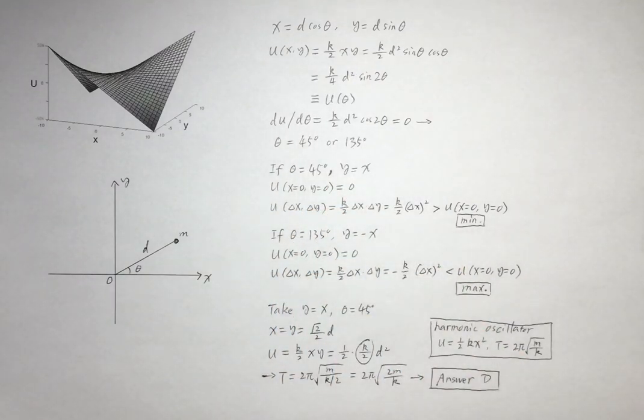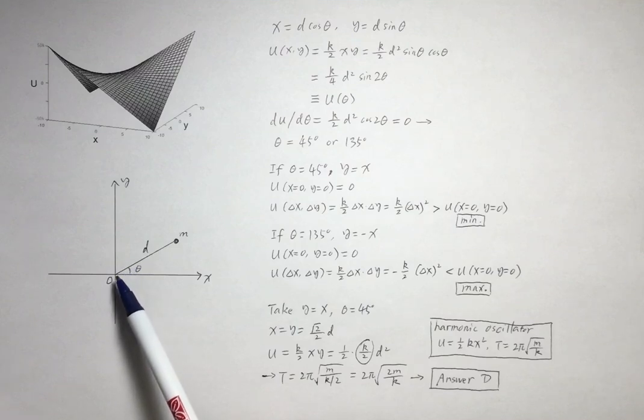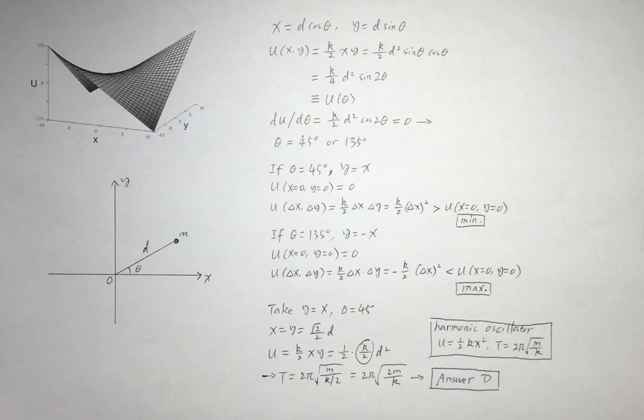If the particle begins at the origin, then it's possible to displace it slightly in some direction so that the particle subsequently oscillates periodically. So we want to find out what is the period of the oscillation.